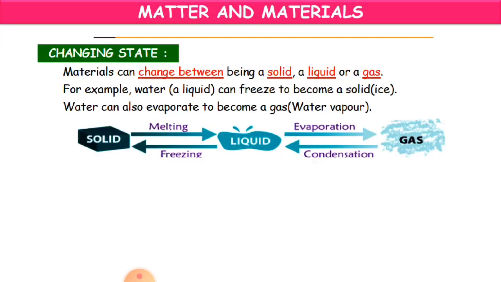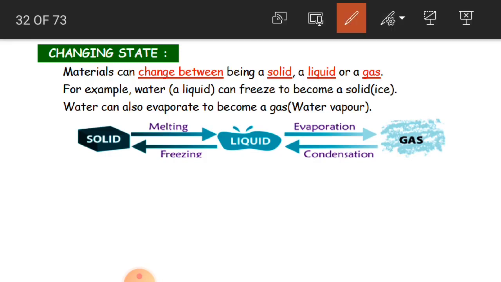Okay, and here, changing state. Like we have already learned that we have three types of states of matter, I'll now explain how it is going to change. Materials can change between being a solid, liquid or a gas.